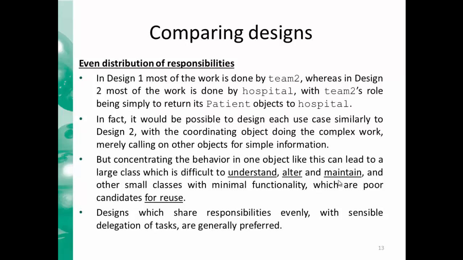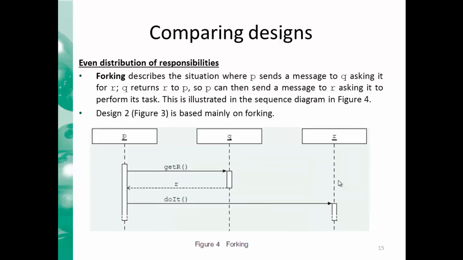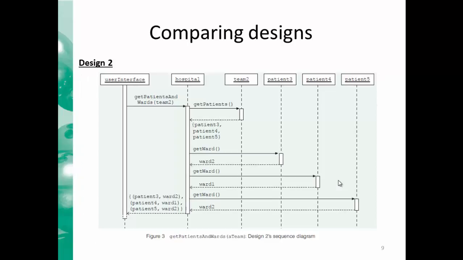The other principle that we may consider is what we call even distribution of responsibility. In design 2, we find that the hospital object, which is the coordinating object, is doing the job on behalf of team 2.